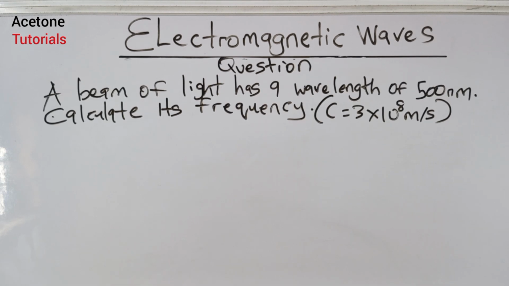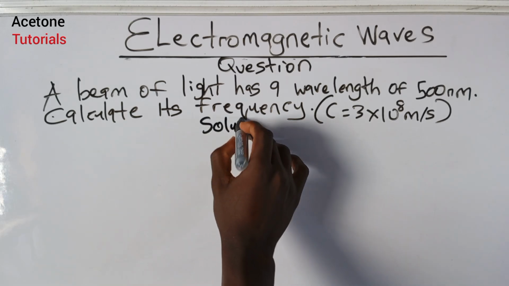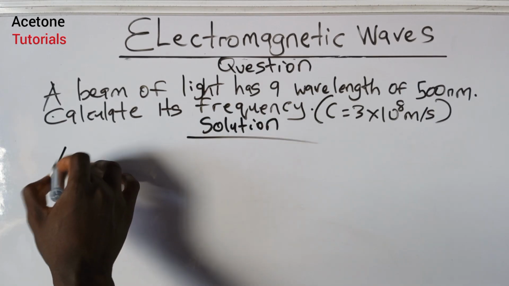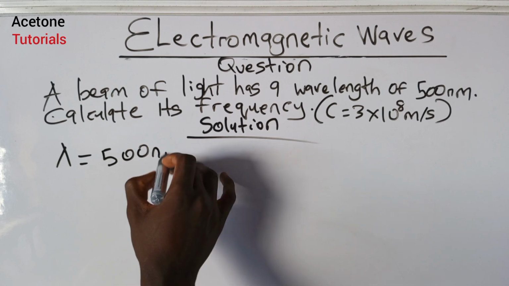Here is a practice question. A beam of light has a wavelength of 500 nanometer. Calculate its frequency. We are given the speed of light, 3 times 10 to the power 8 meter per second. So let us do it. We are given the wavelength to be equal to 500 nanometer.